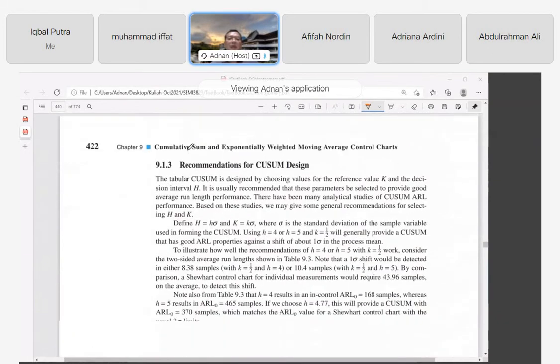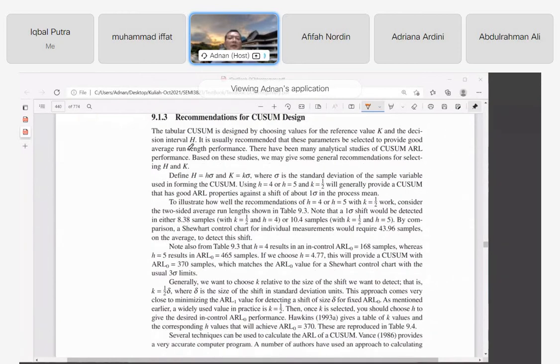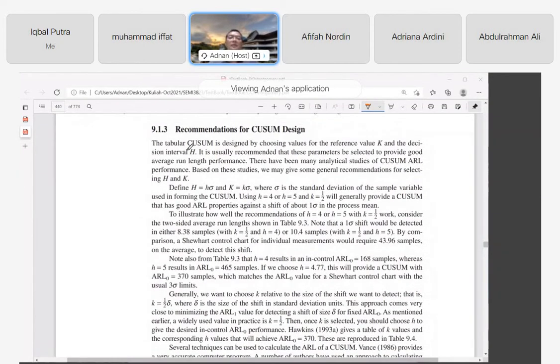I mentioned the H values. In designing the QSUM, we have this H, which we call the decision interval, where we make the decision based on the H values. The H can be a small h multiplied by sigma of the process.